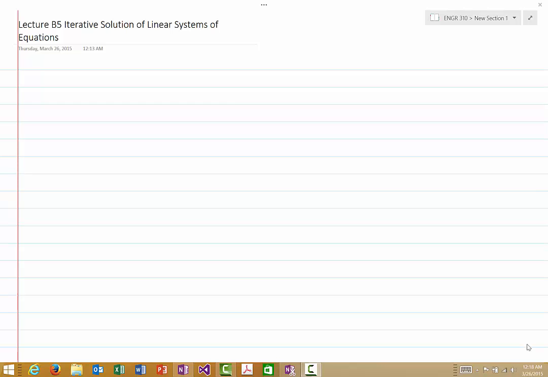In this lecture, we'll talk about an alternative method to solve a linear system of equations. And these are iterative solution techniques. And we will discuss a couple of different iterative solution techniques in this lecture. Iterative solution techniques are typically used when there's a large number of unknowns and when the diagonal elements of the matrix, in fact, I say the matrix, but really you don't ever have to really create the matrix.